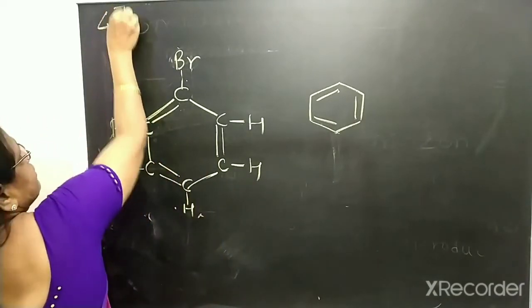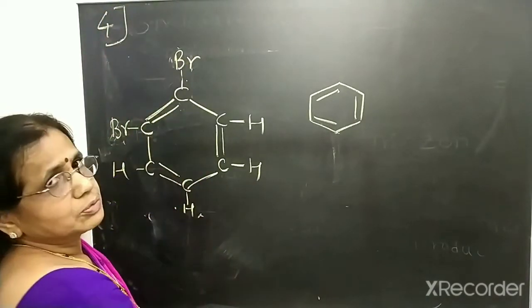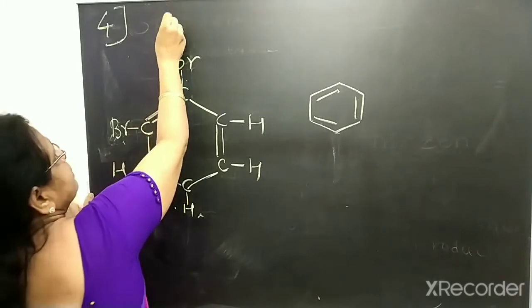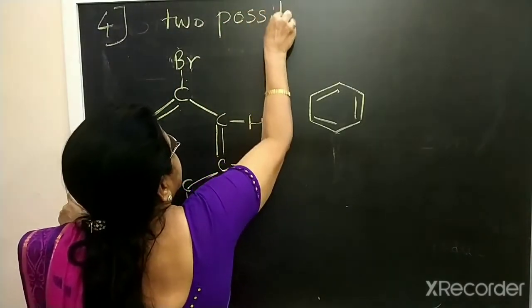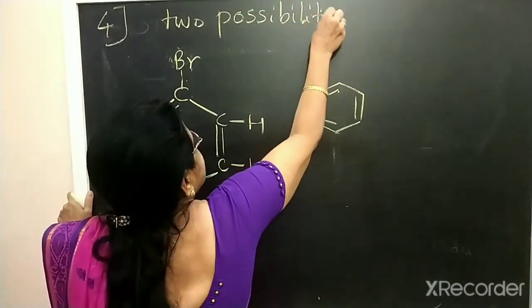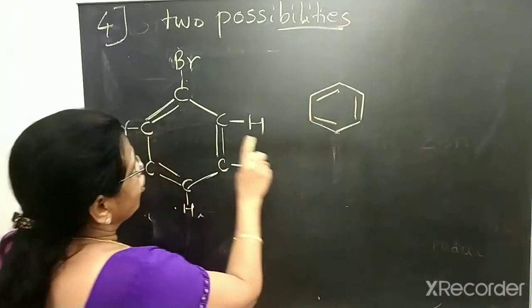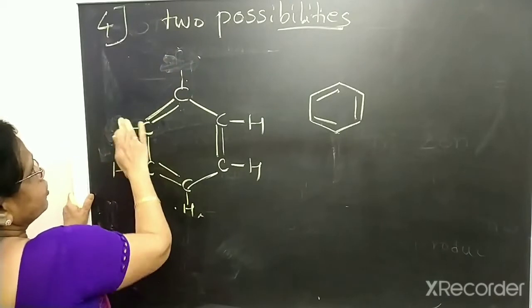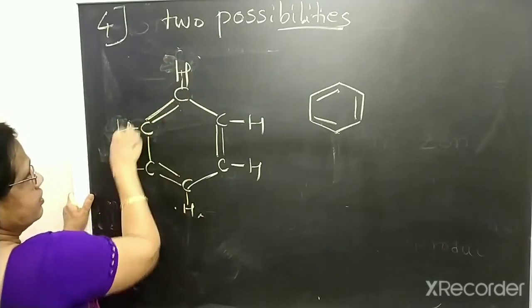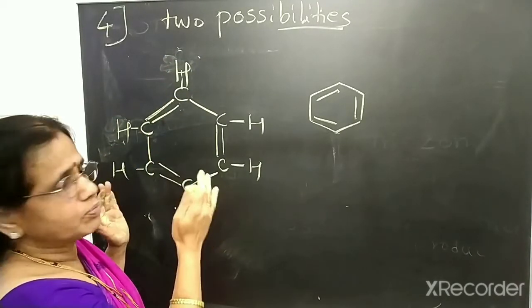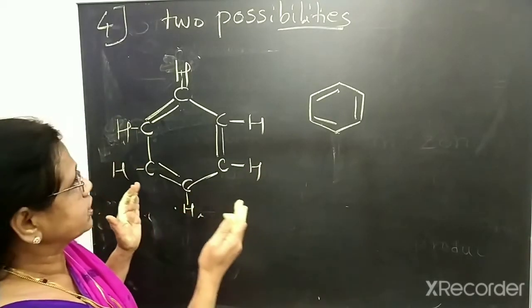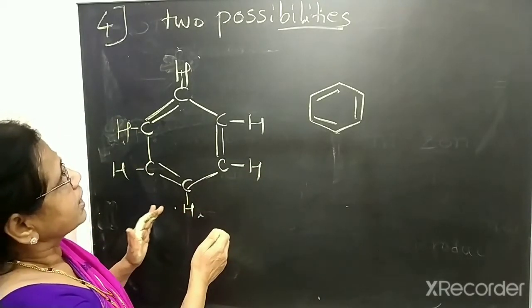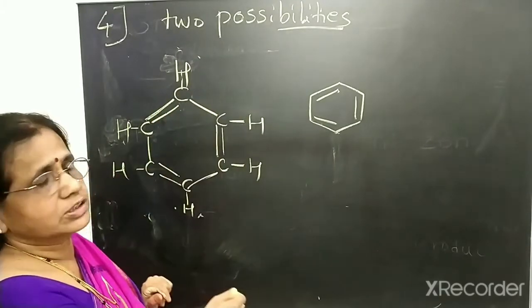You observe, when the disubstituted product is formed, there are 2 possibilities. If we take the structure of benzene like this, when it forms the disubstituted compound, then there are 2 possible structures.